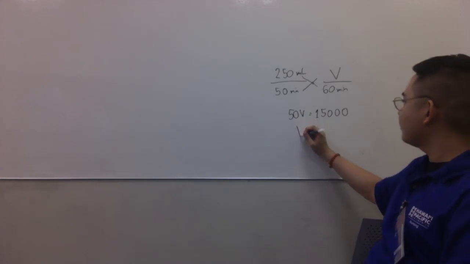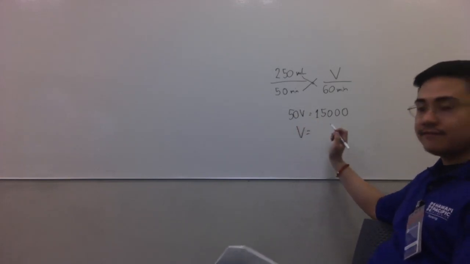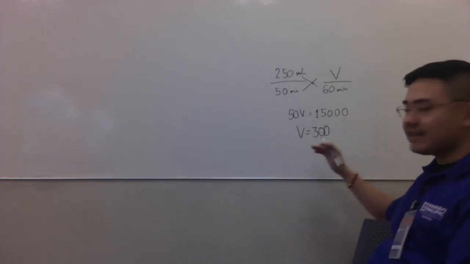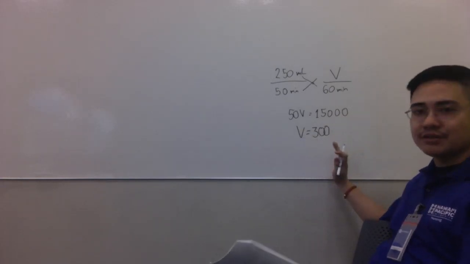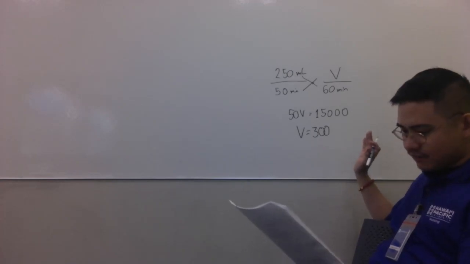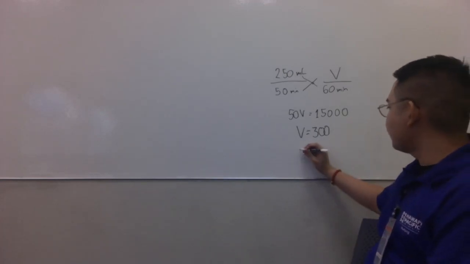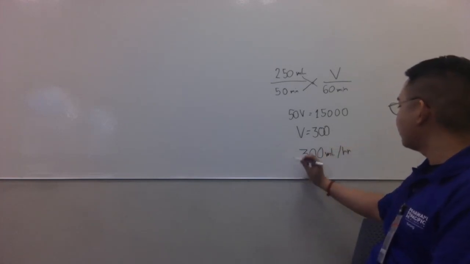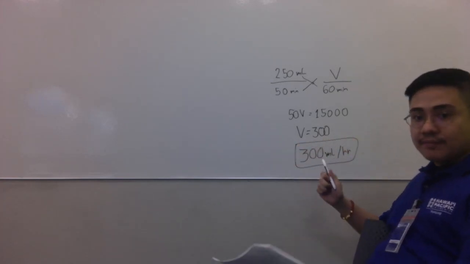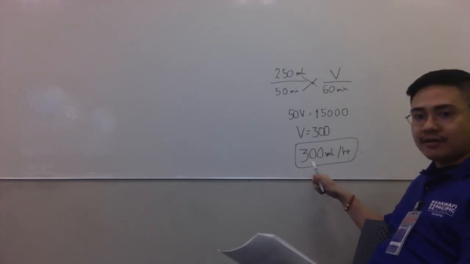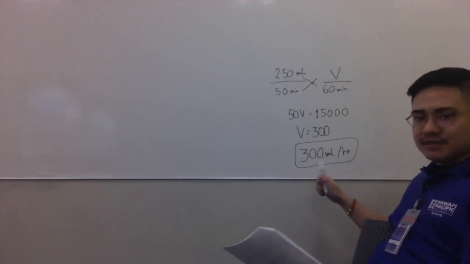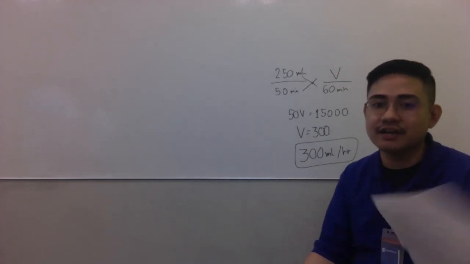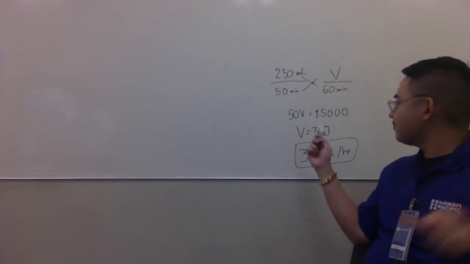We divide both sides by 50, so V equals 300. But it's asking for milliliters per hour, so we write 300 milliliters per hour. Now, if it were a computer exam, we just put the number. Don't put the units, just put the number. And that pretty much concludes the medication calculation.